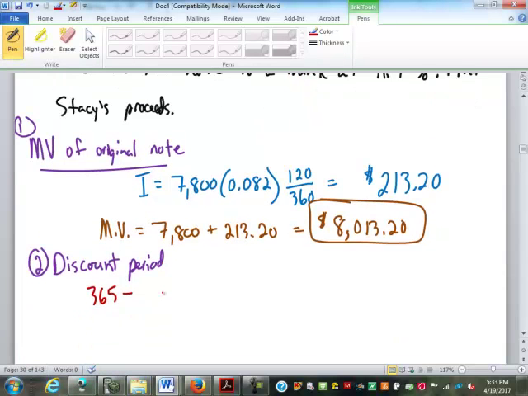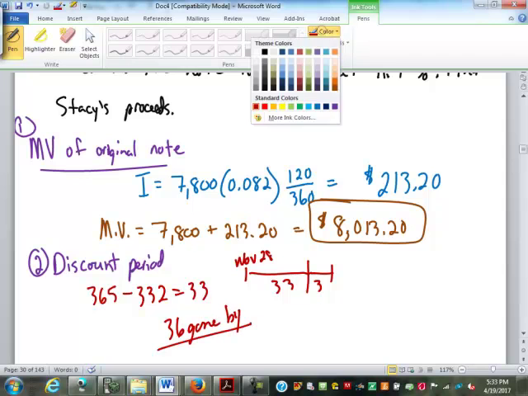You're right. 365 minus the 332, which gives us 33. So that's the number of days from November 28th through the end of the year. Then we have 3 days into the next year. That's 36 days. So 36 days have gone by.